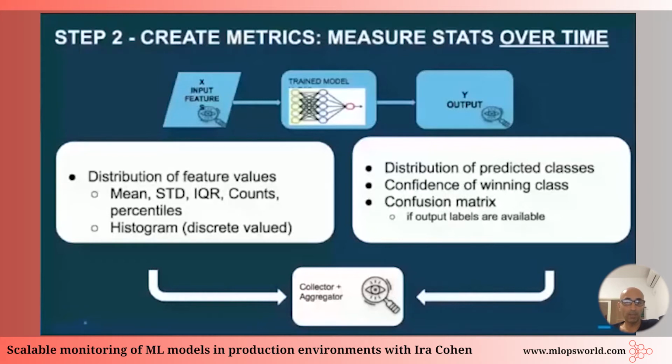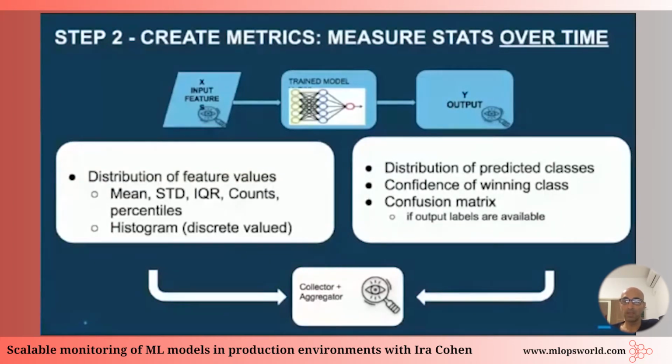If they are real valued features, you want to look at various statistics, and you could use the mean, standard deviation, IQR, counts, percentiles, and you could think about a lot of different distributions. From there you can detect significant changes to the input feature distribution.